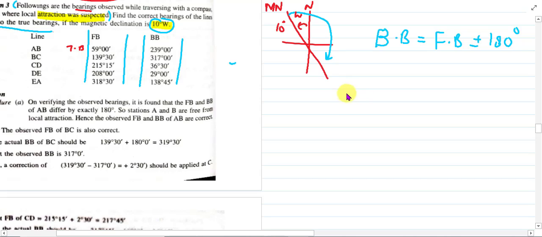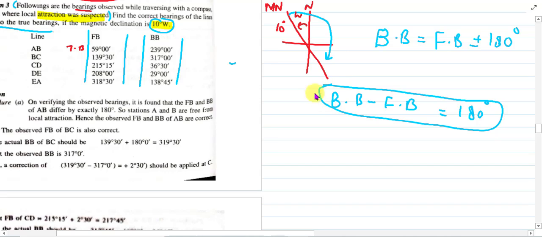Or in simple words, the difference of the readings between column number 2 and column number 3 will be equal to 180 degree. So in simple words, this is your check formula.